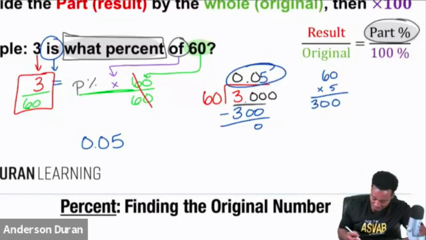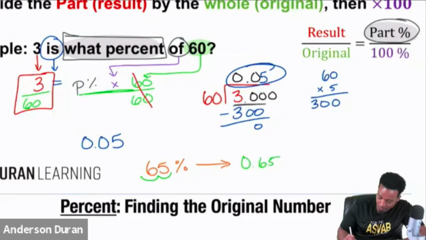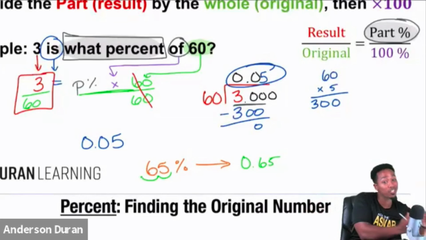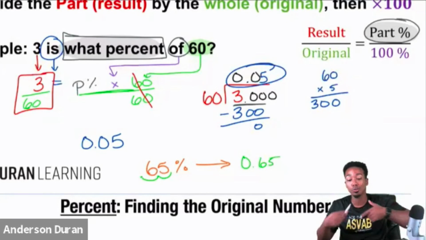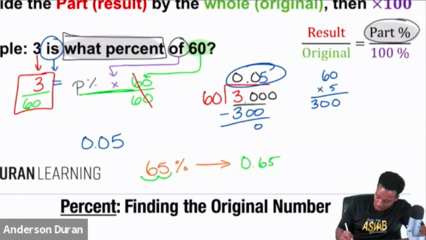Remember, if I have 65%, going to a decimal I move it over 2 times, 1, 2, to make 0.65. So going from a decimal back to a percent, instead of 2 times to the left, we go 2 times to the right.